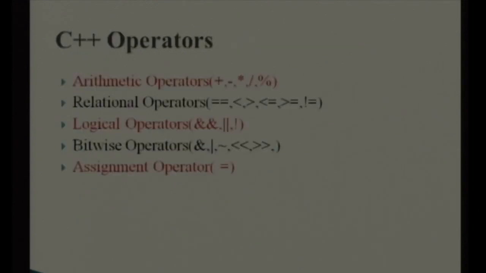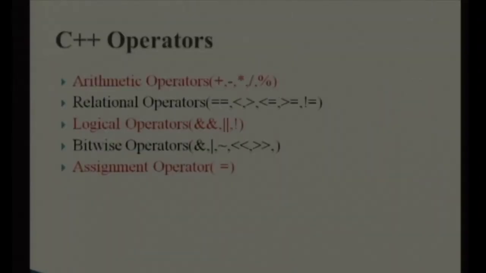Now, operators, let me talk about them a little bit. So, arithmetic operators, relational operators, logical operators, bitwise operators and assignment operators. Arithmetic operators are addition, subtraction, multiplication, division, and one special one is the modulus operation.